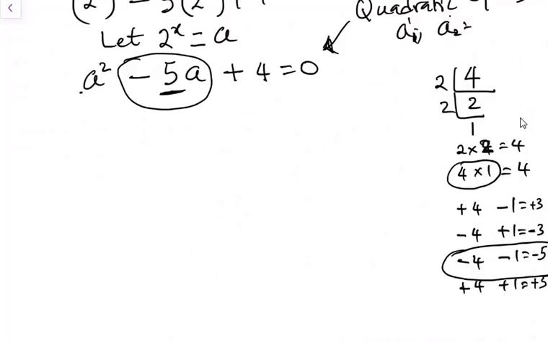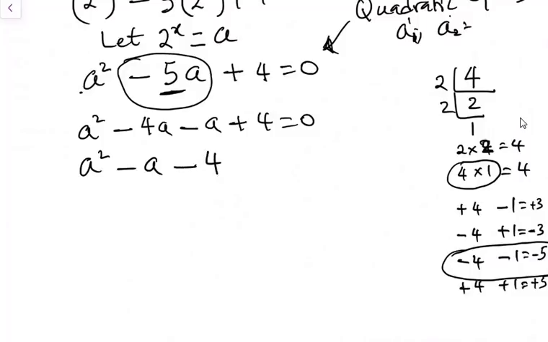So we come here and say a squared minus 4a minus a plus 4 equals 0. So we can say a squared minus a minus 4a plus 4.